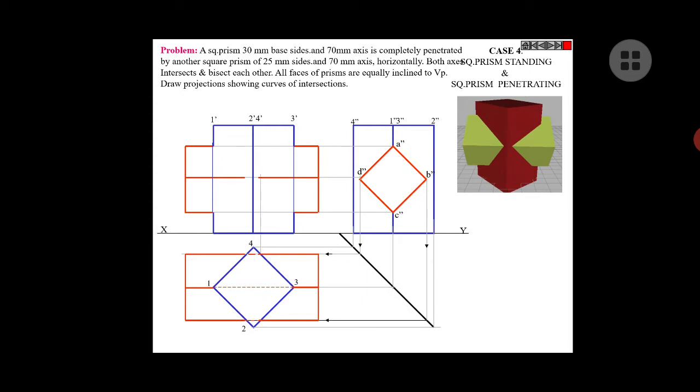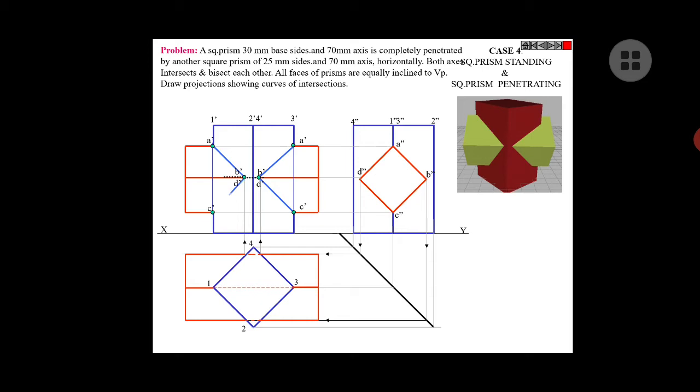Whenever it intersects on points, the left side is given as P, the right side is given as Q. Name them P1, P2, P3. Similarly on both sides, mark the points and join these points 1, 2, 3.